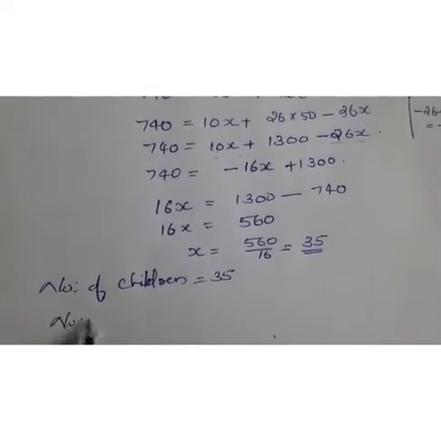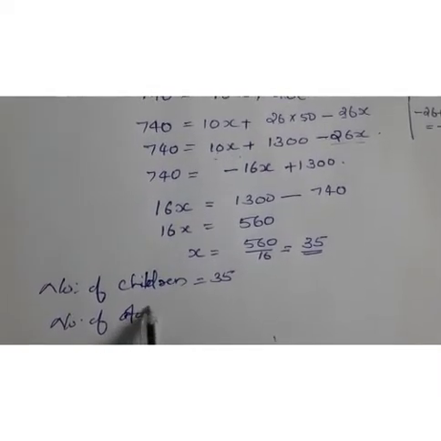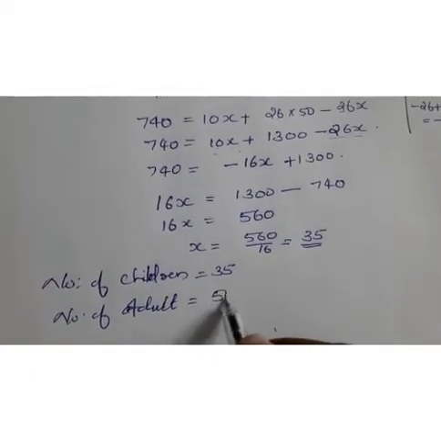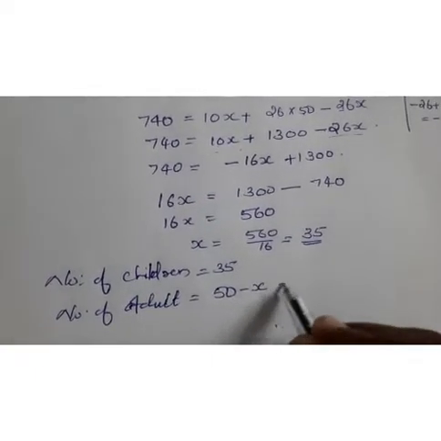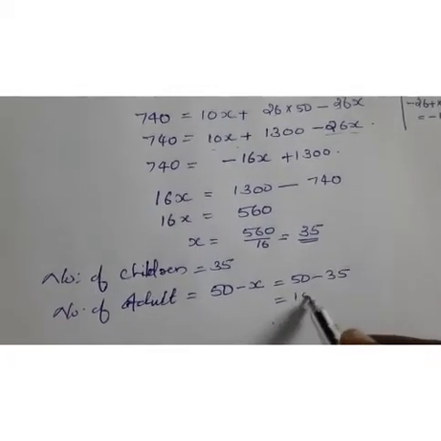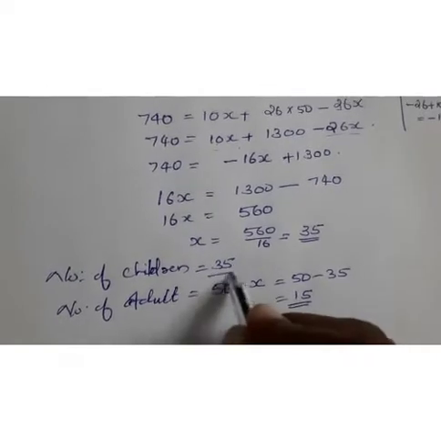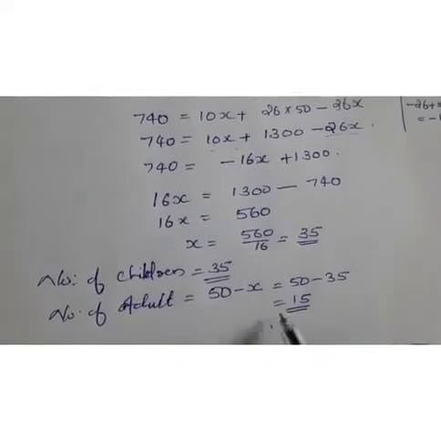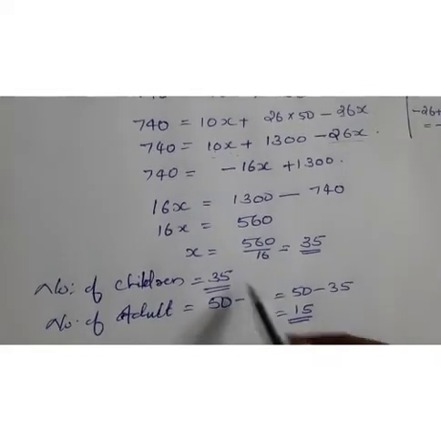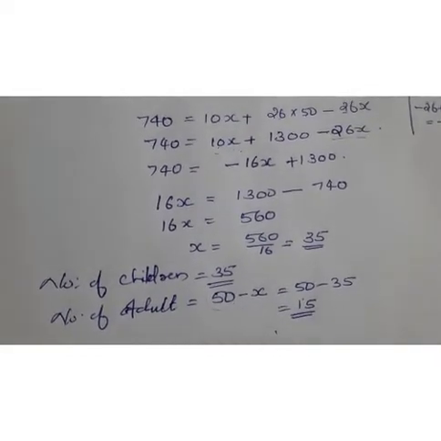Then number of adults is equal to 50 minus x, so that means 50 minus 35. How much? It is 15. So number of children is 35, number of adults is 15. So together it is 50.